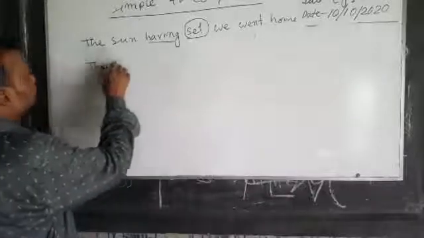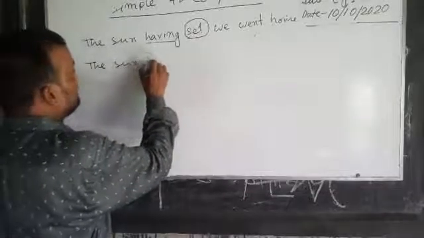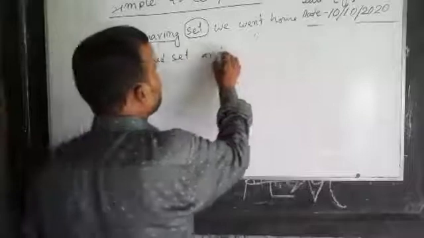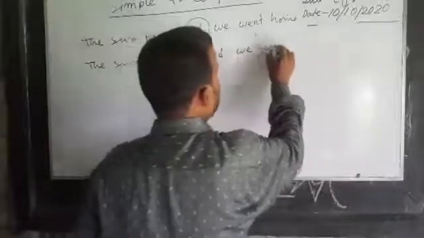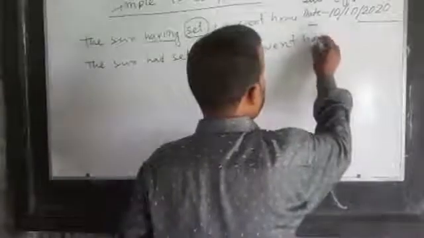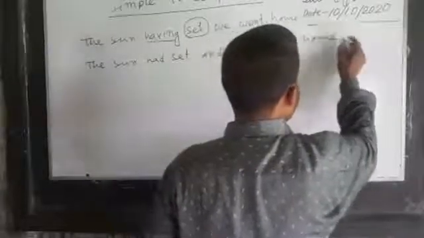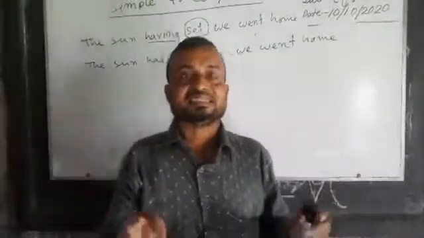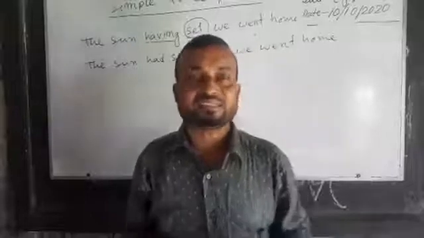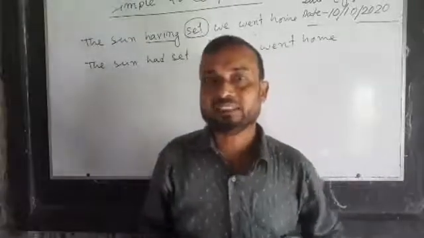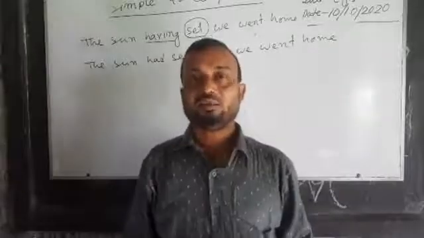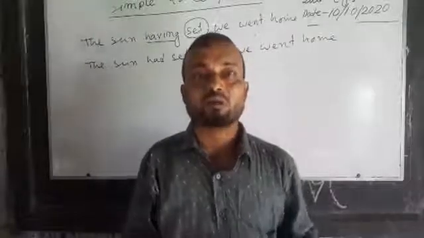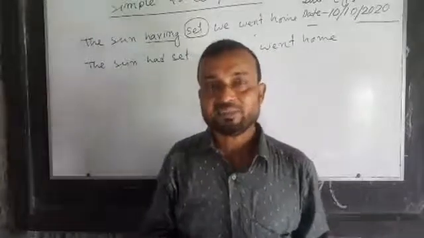The sun had set, that means past participle, and we went home. My dear students, that means if there is a perfect participle in a sentence, then at that time we have to use the past perfect tense to change the sentence into compound or complex. Can I make you understand?